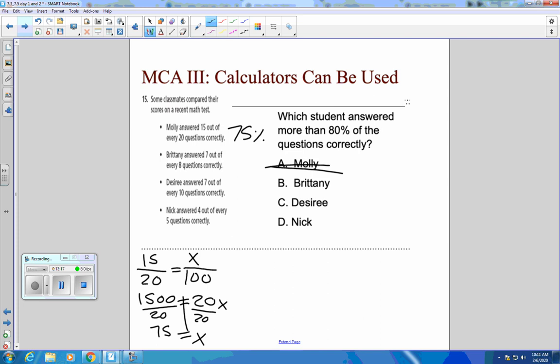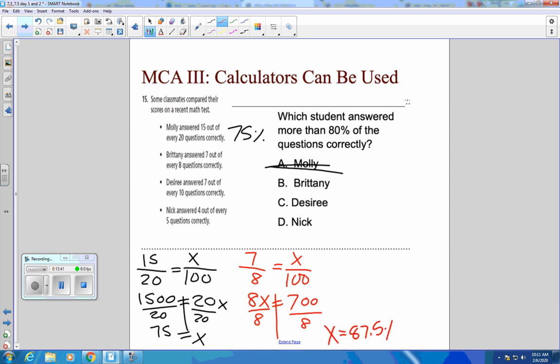Brittany answered 7 out of 8 questions. So we take 7 out of 8 equals x over 100. 8 times x is 8x. 7 times 100, 700. Divide both by 8. And we get x equals 87.5%.